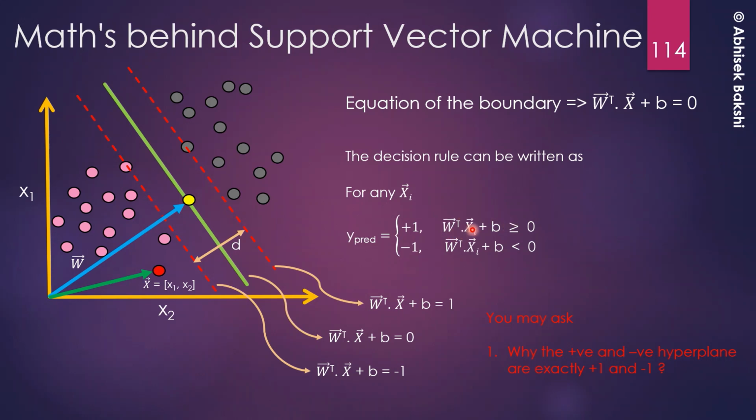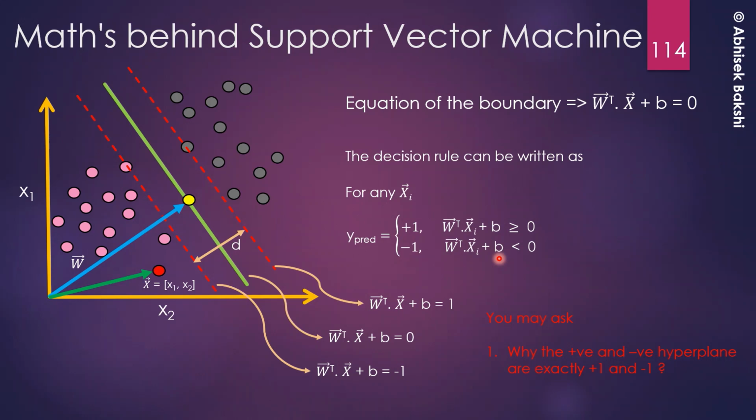Similarly, when WTX plus B is less than 0, I mean negative, then y pred is also -1, that means negative. That means here also you will see that y pred multiplied by WTX plus B is positive, because negative multiplied by negative is positive again.